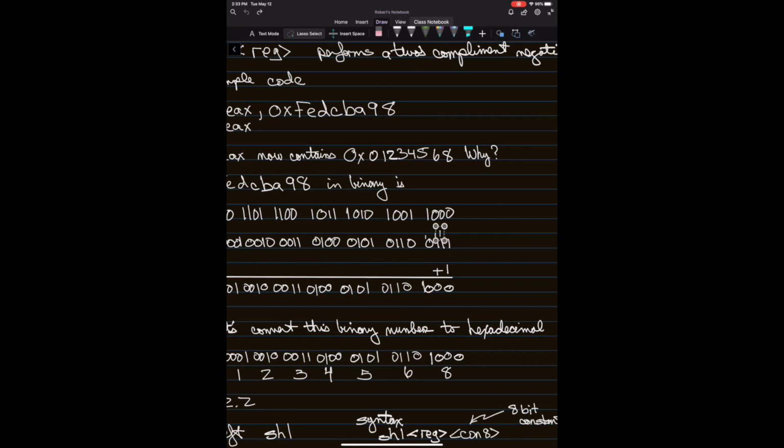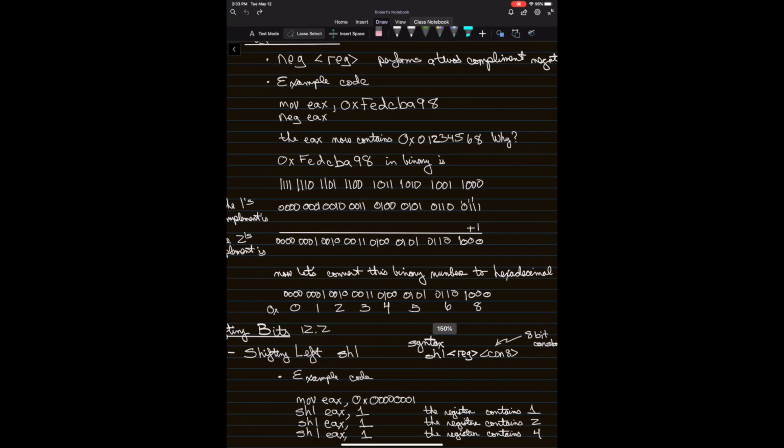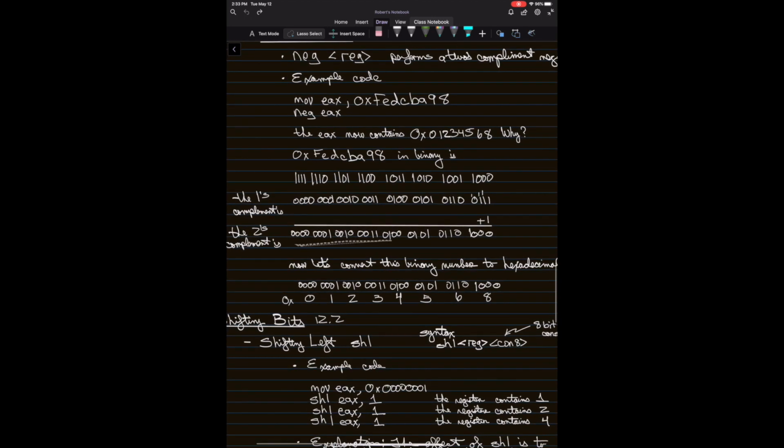Well, that's 1, 0, so I put the 0 over here, and I carry the 1. So that's going to be 1 plus 1. That's going to be 0, and I carry the 1. 1 plus 0 is 1, so I put the 1, but there is no carry. And so that means now I'm just simply putting down the rest of the values here. All right, so now I know that this is the two's complement.